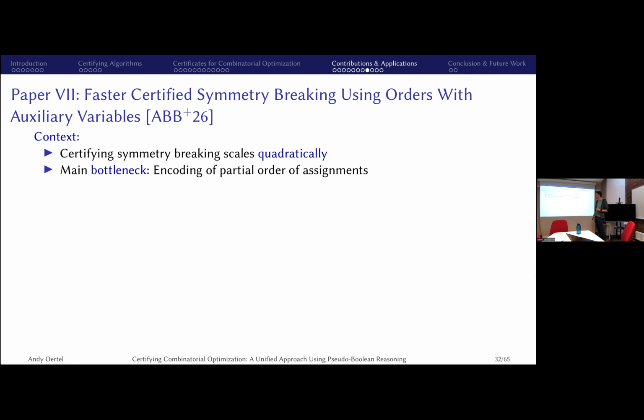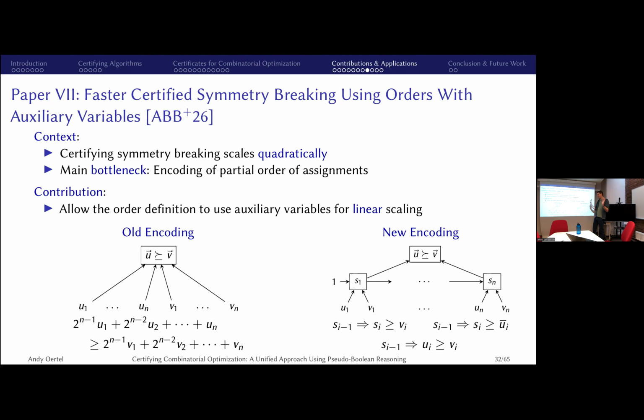In a paper that will be presented in 2 weeks at AAAI, we added to our certification system that it is possible to introduce auxiliary variables to define these orders. So then the certification stays linear, because in the old encoding, we had coefficients which scaled linearly in the size of n.